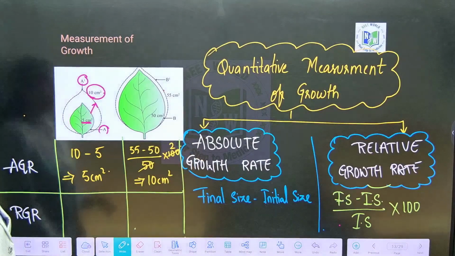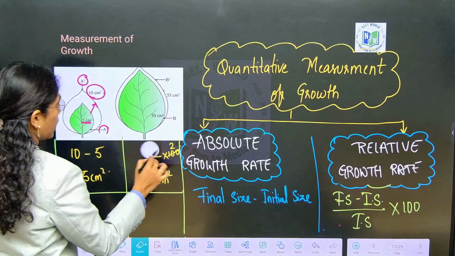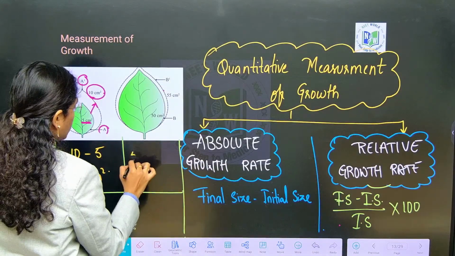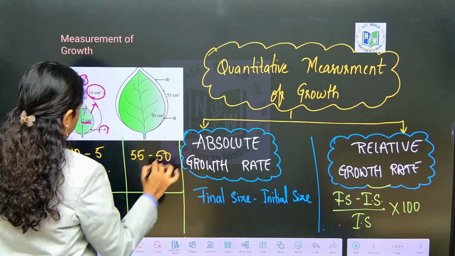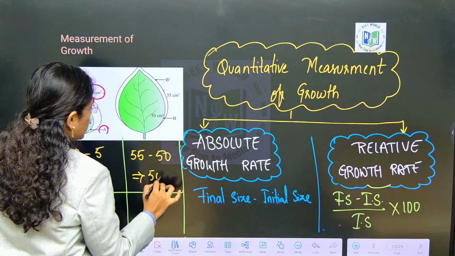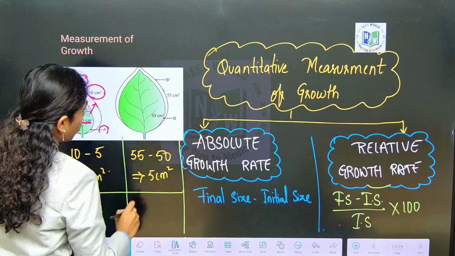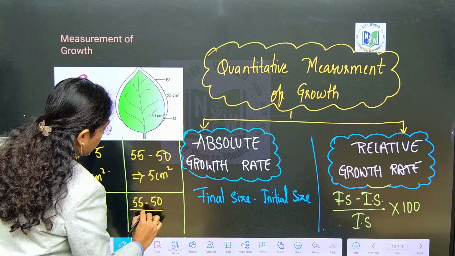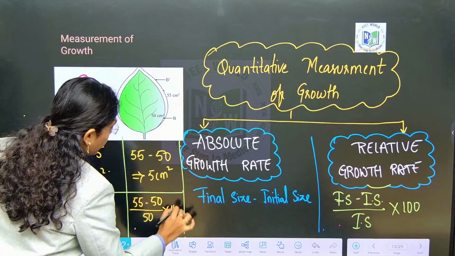Clear, right? Sorry, this is for relative growth rate, right? For absolute growth rate only, you see, it is 55 minus 50, the answer will be 5 centimeter square. Relative growth rate here is final size minus initial size by initial size into 100.